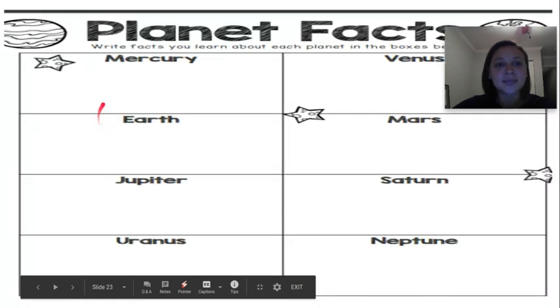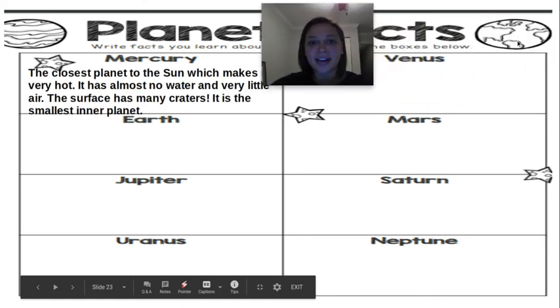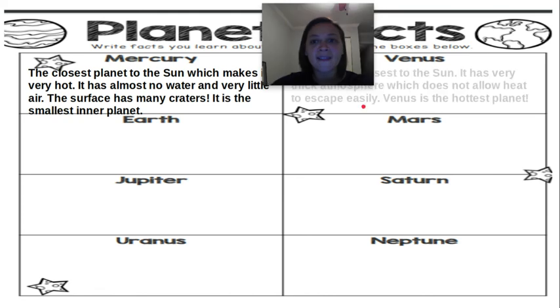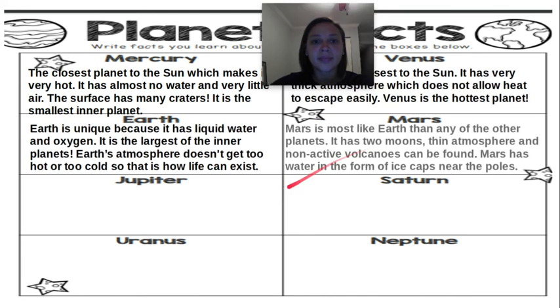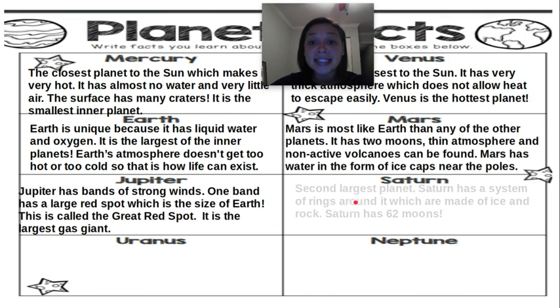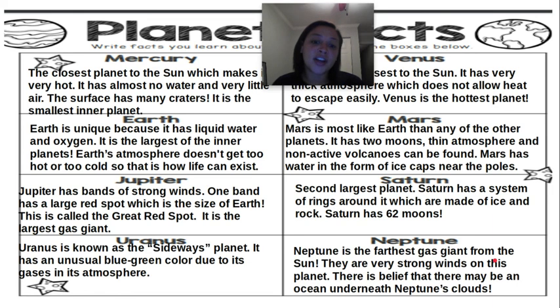All right, boys and girls, we're just going to recap what we learned about the inner and outer planets. Okay, if you were taking notes, this is an example of what your note taking might look like if you were pausing and jotting down notes while I introduce each planet and its characteristics.